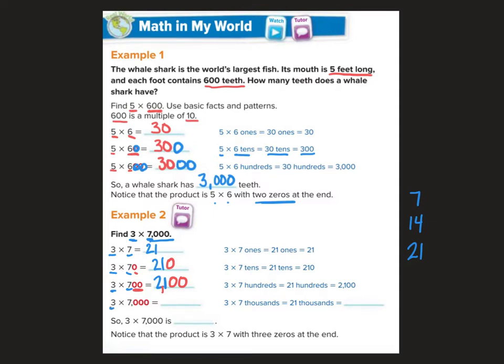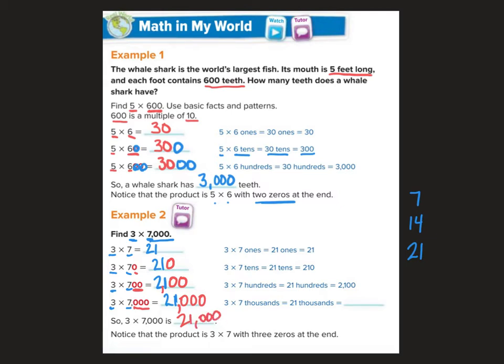Okay, here I have 3 times 7 again, which is 21, and 3 zeros. 1, 2, 3. Wrong spot to put my comma. Let me fix this here, guys. Sorry about that. So I go back 3. 21,000. So 3 times 7,000 is 21,000.